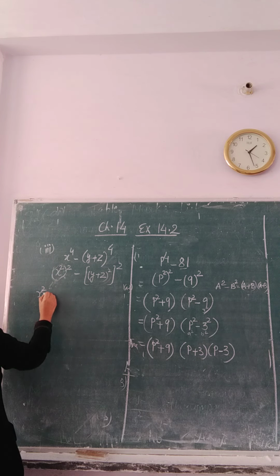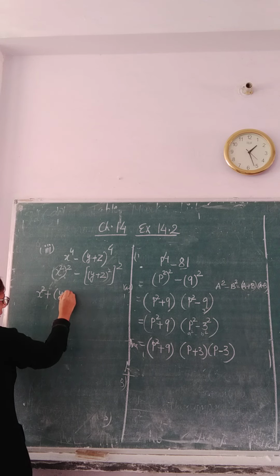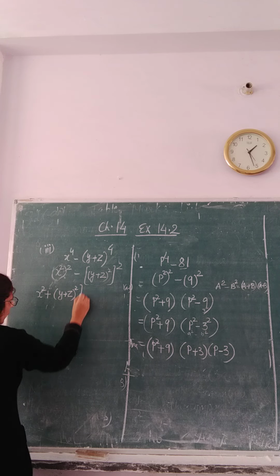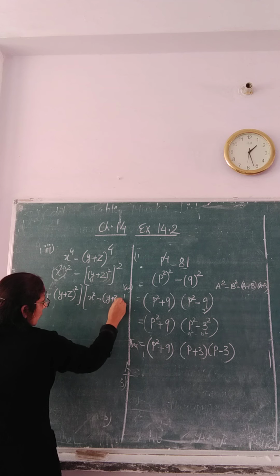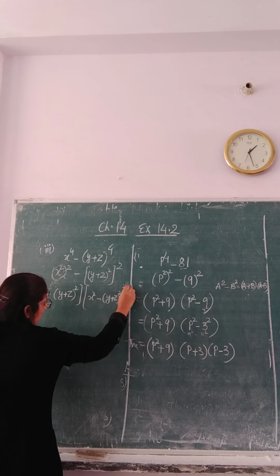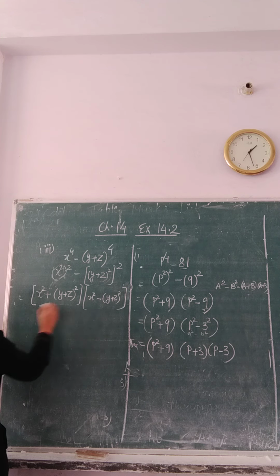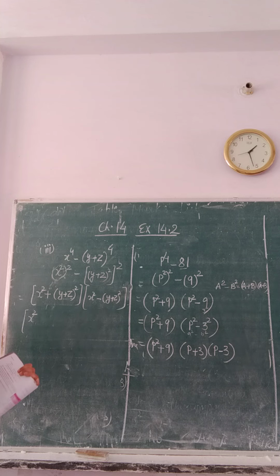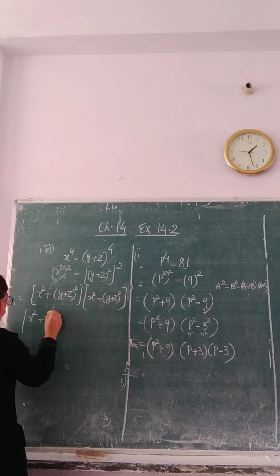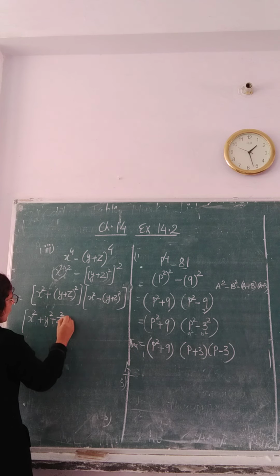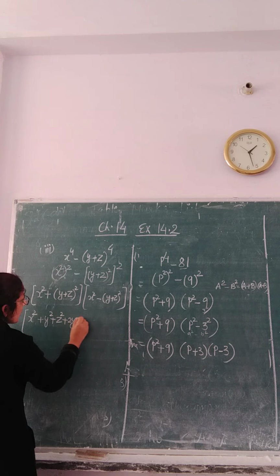So x square plus (y plus z) whole square in one bracket, and x square minus (y plus z) whole square in the other bracket. So this is to be solved. (a plus b) whole square is a square plus b square plus 2ab, so y square plus z square plus 2yz.